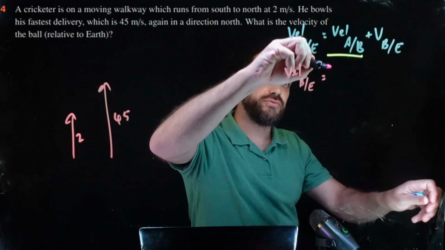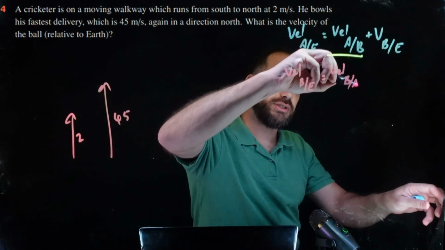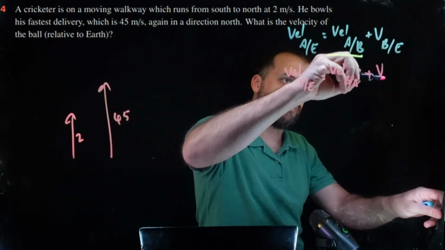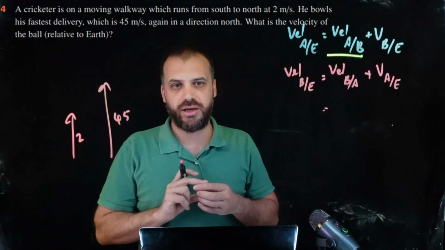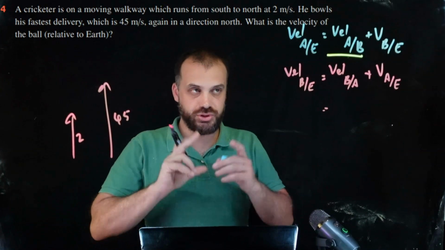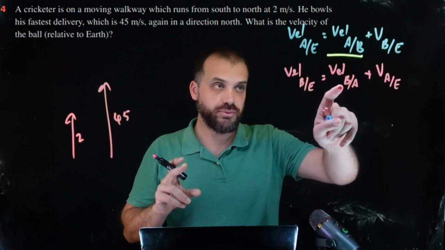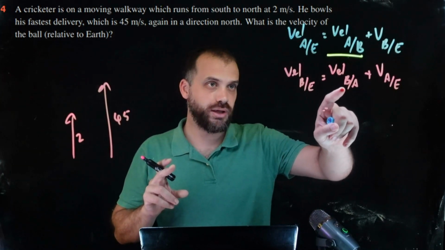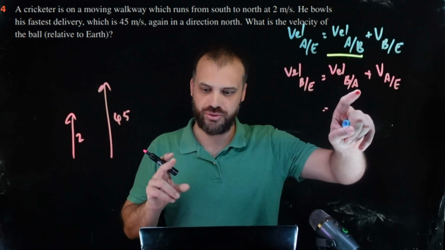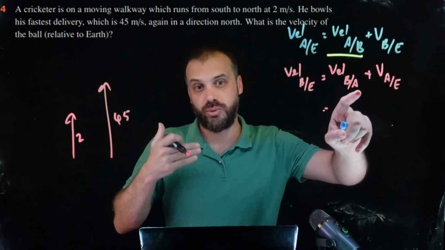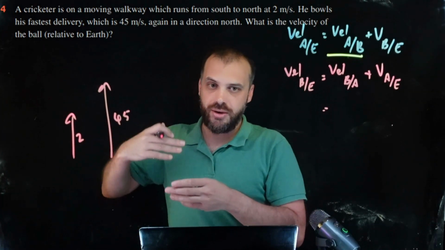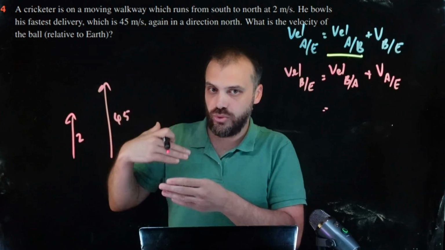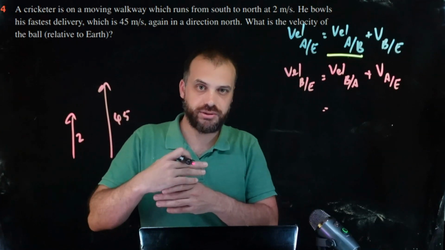That's going to be equal to the velocity of B relative to A plus the velocity of A relative to Earth. Okay, so the velocity of B, that's the ball, relative to the walkway, right? Because he bowls his ball at 45 meters per second, but the walkway is moving along as well.